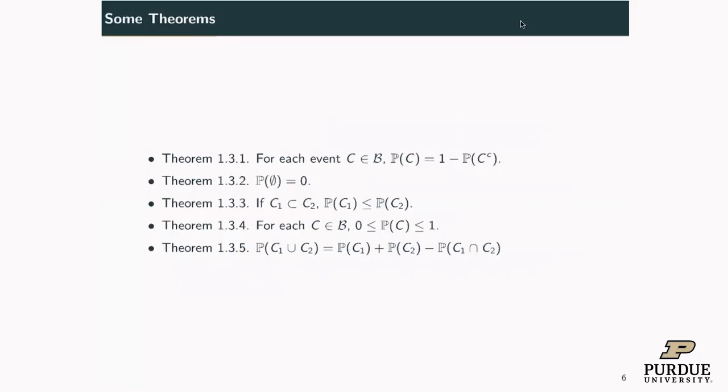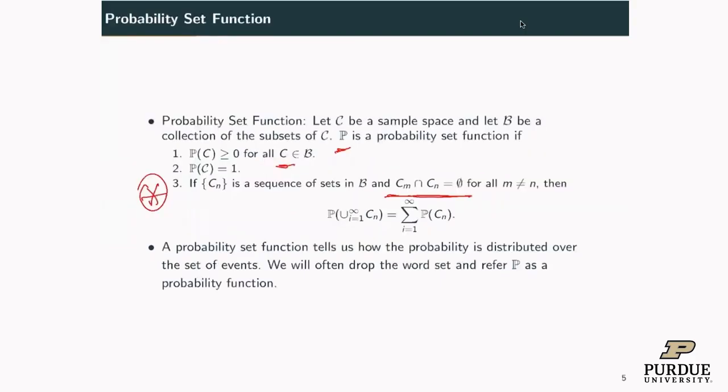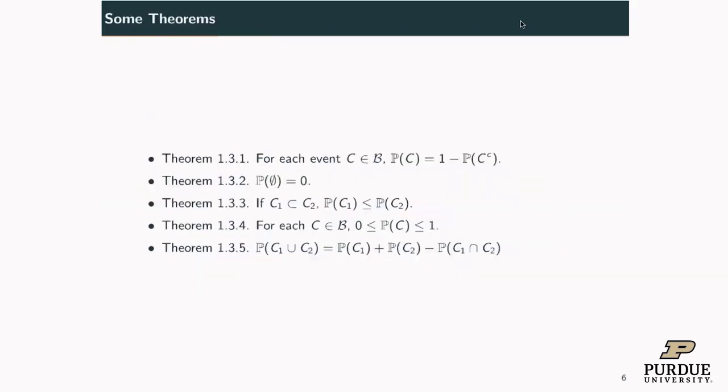Now, the probability set function has some nice properties. All these nice properties are derived based on the definition of probability, that is, these three conditions. So we know these three conditions, and we can derive some nice properties. For example, for any event, the probability of C is 1 minus the probability of C complement. Why is this true?